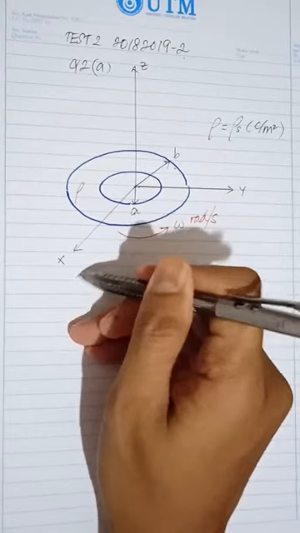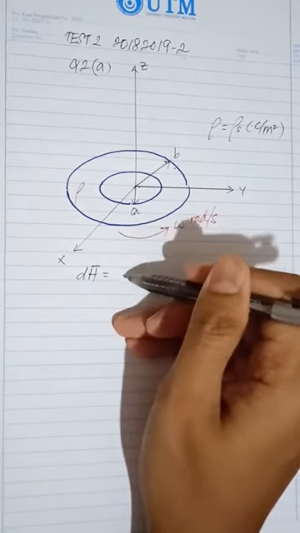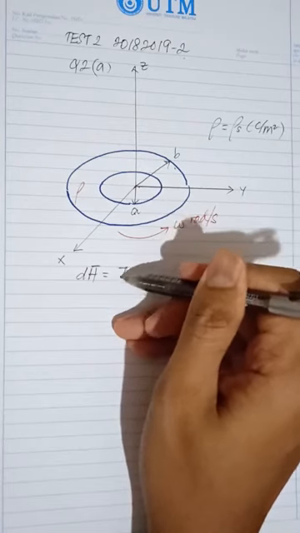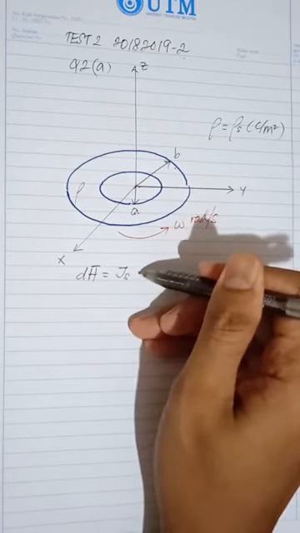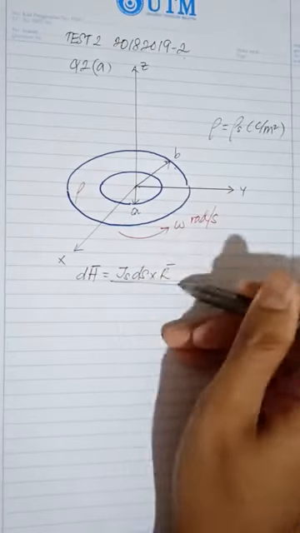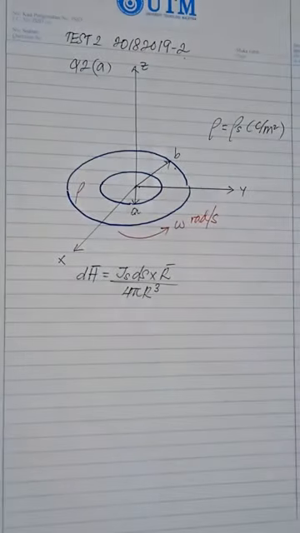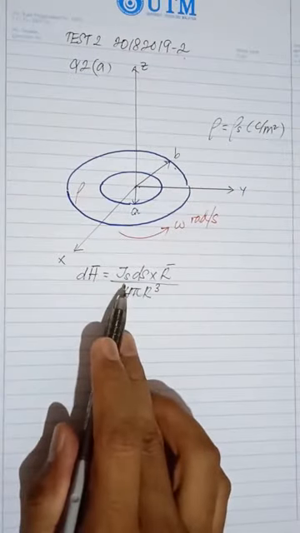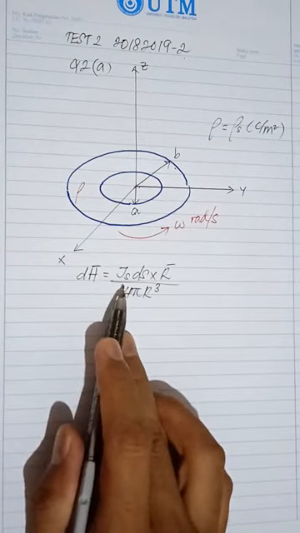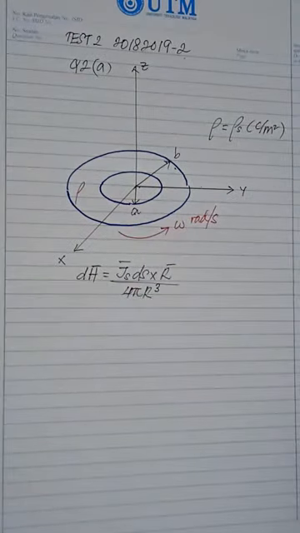From the equation of BSL, the dH here is Js ds cross r vector over 4 pi r cube. Now my question, how do I know that this element is going to be the Js ds, not I dl or not J dv?